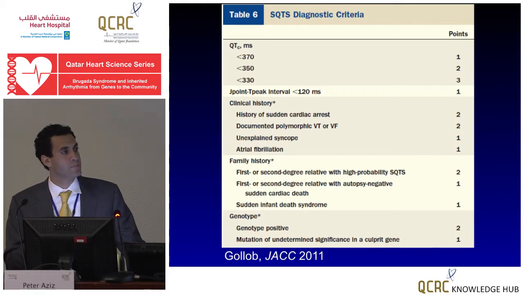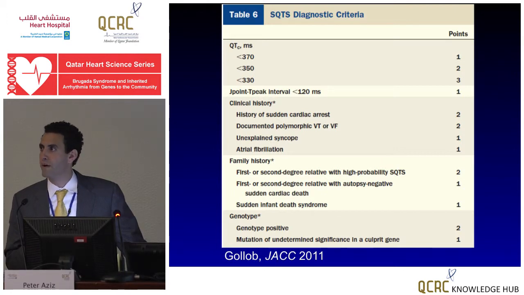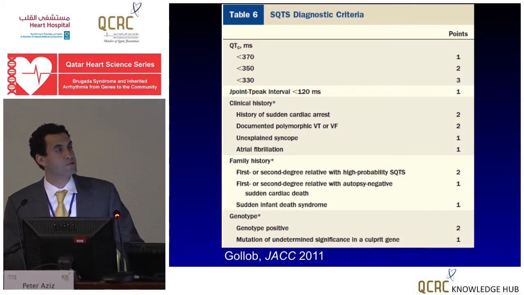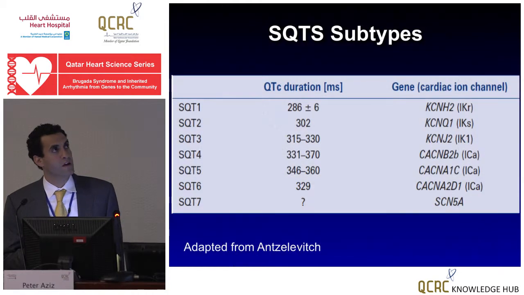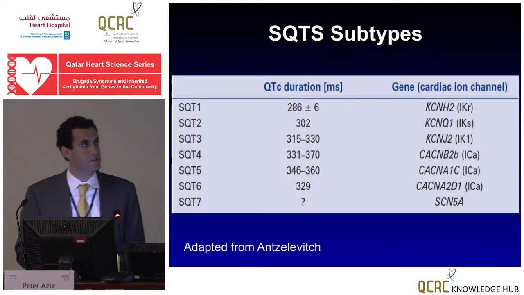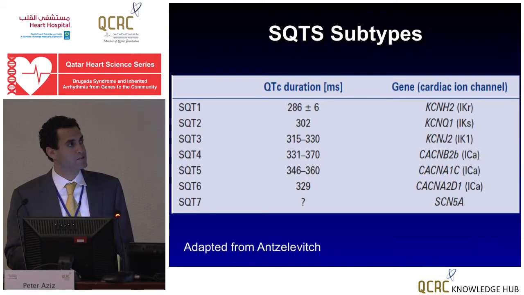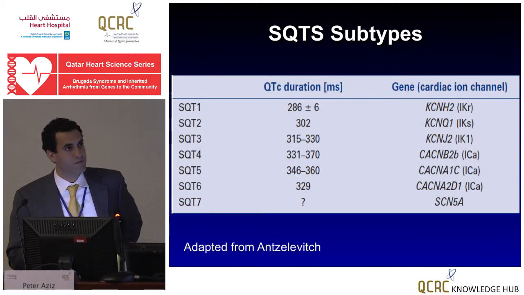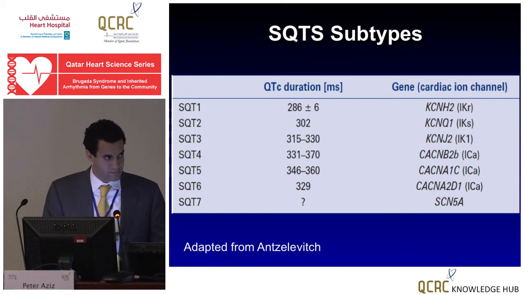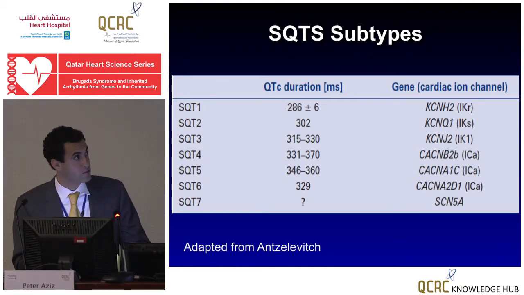So again, genotype is part of this diagnosis, but given the amount of elusive patients, there's still a lot more phenotypically that we look at in this. But to examine the short QT subtypes, there are really 7 that we know of to date. And this is adapted from Dr. Anselevich.